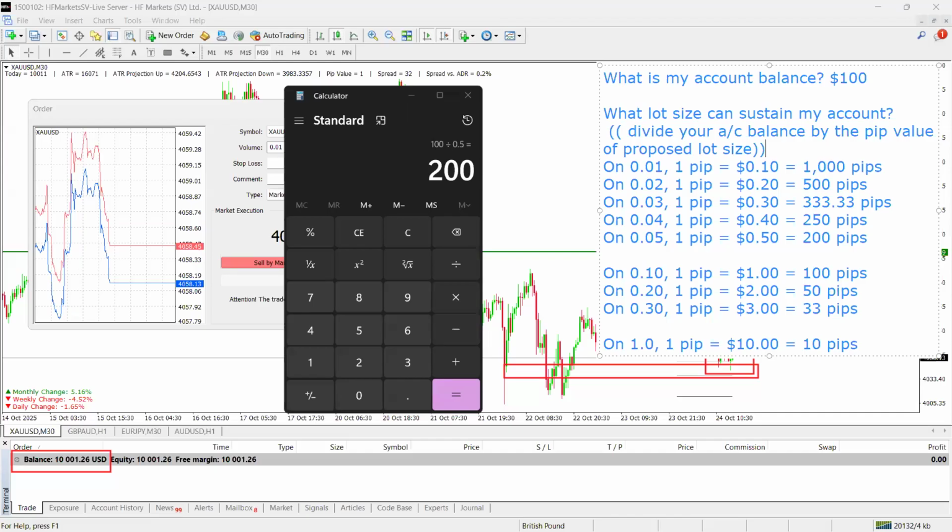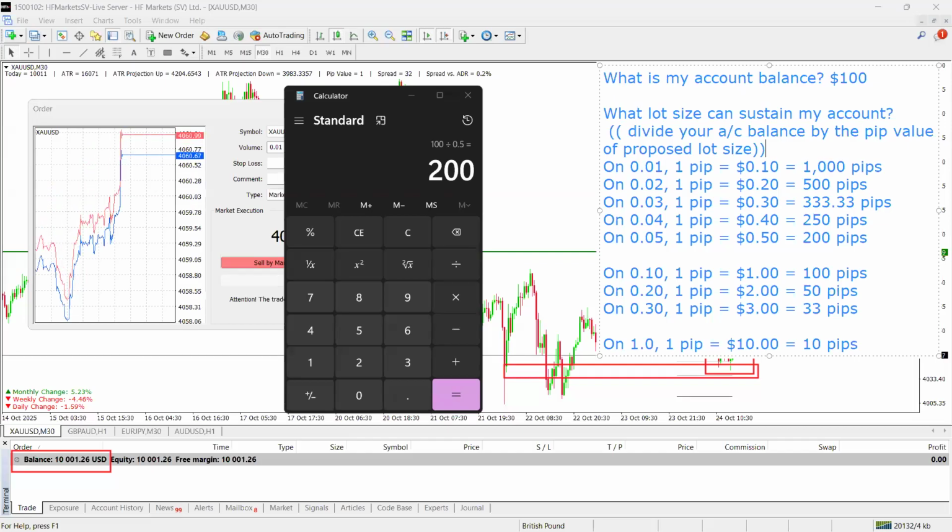Then you carefully consider which one sustains your account, but not only sustainability, also which one takes you to the point where you're comfortable with making profit. But like I said, guys, on your account, the first thing is capital preservation.